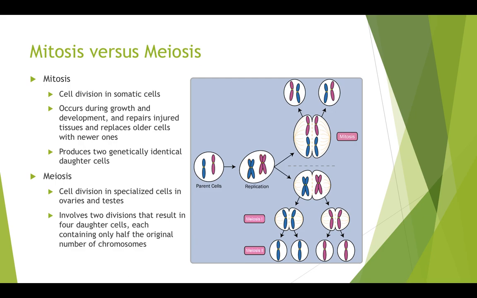Then you cleave into four cells that each contain only one chromosome. And so sex cells ultimately have half the number of chromosomes that our autosomal cells have. So since we have 46 chromosomes in 23 pair, each gamete is only going to contain 23 chromosomes.